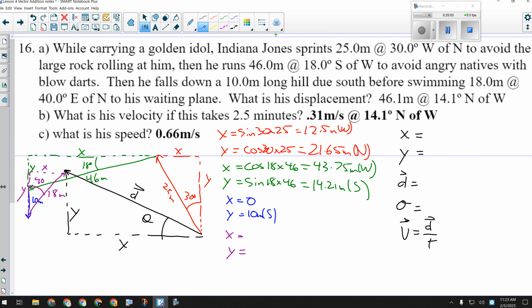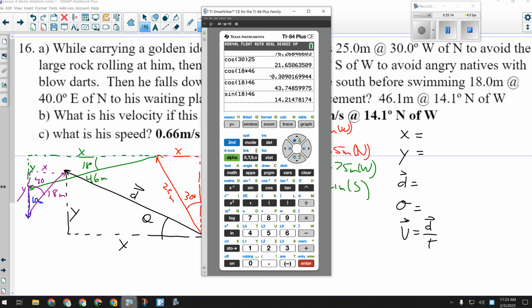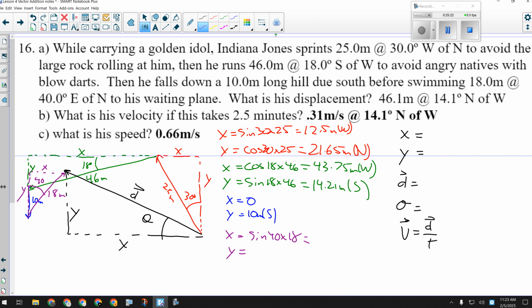And then we have the purple triangle, which has a 40-degree angle. X is the opposite side, so the sine of 40 times 18 is 11.57 meters. That one's east. And then for y, it's the adjacent side, cos of 40 times 18.